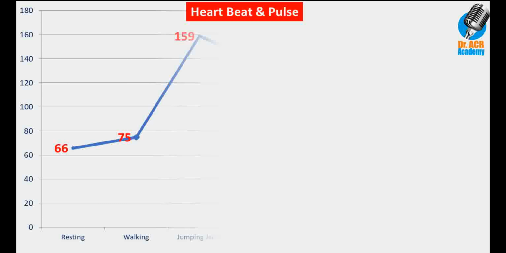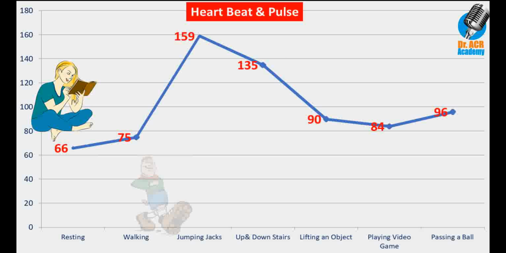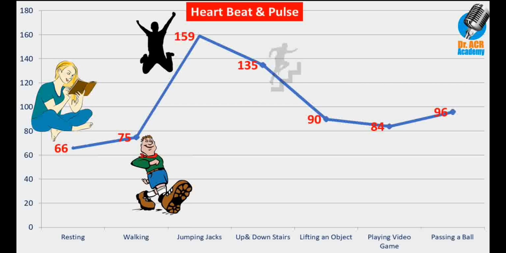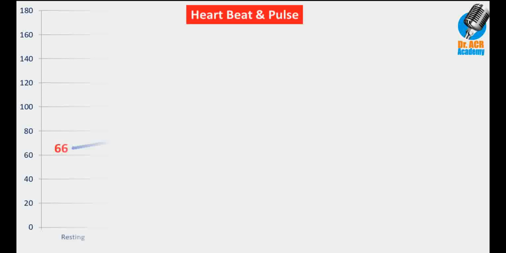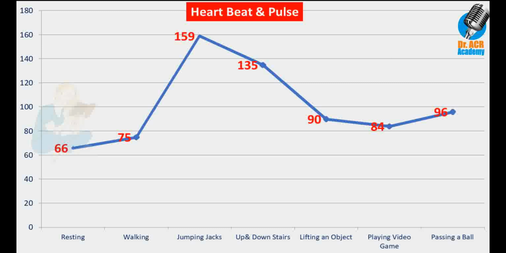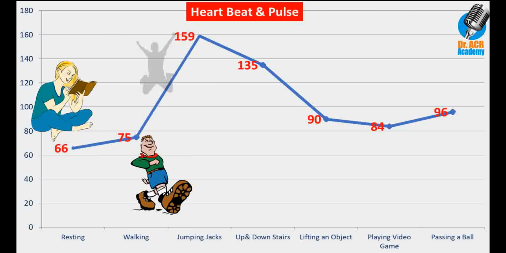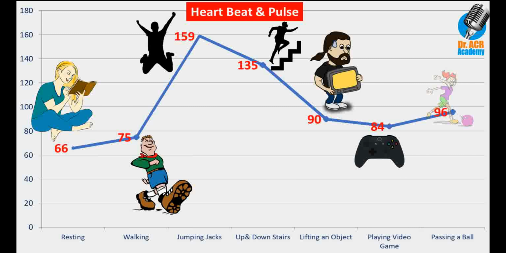Next, this chart shows the heartbeat and the pulse rate of a person after various activities. From this data, we can understand that each heartbeat produces one pulse in the arteries, and the pulse rate per minute is equal to the rate of heartbeat.